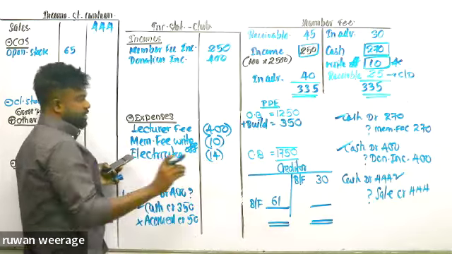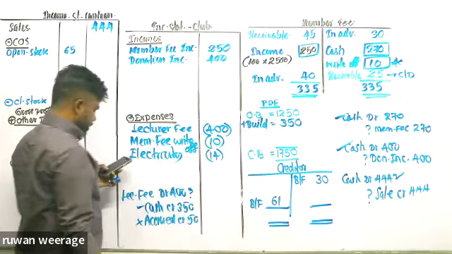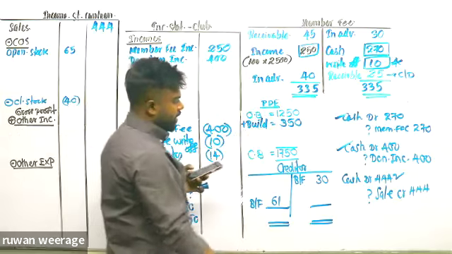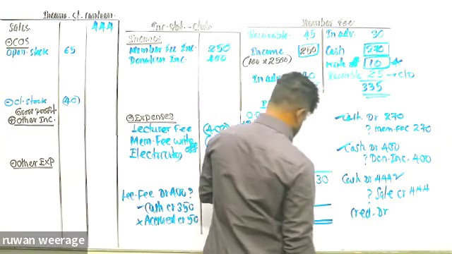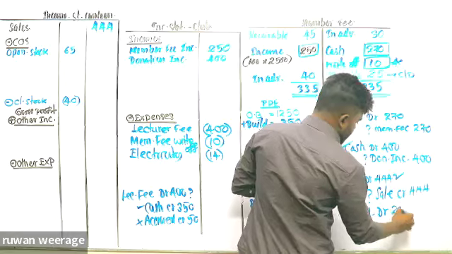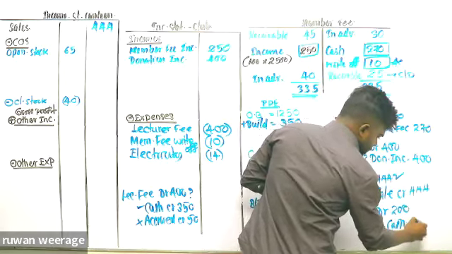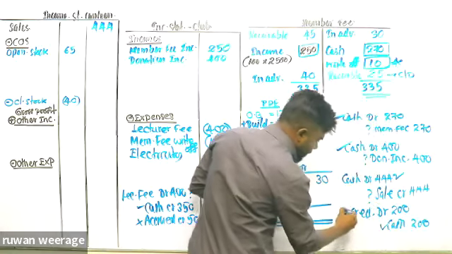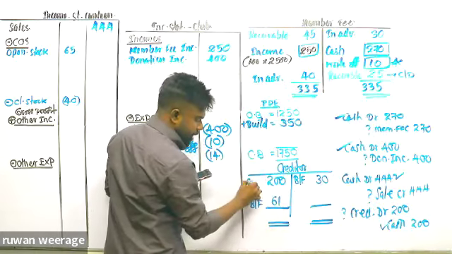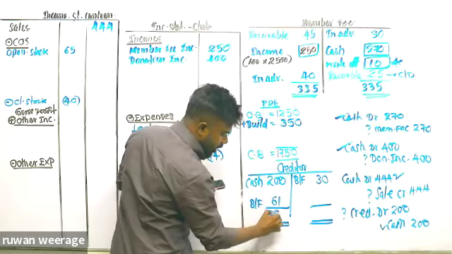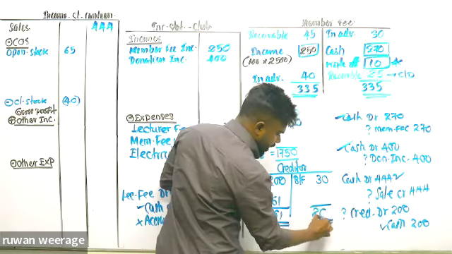Next one, billing, cash credit, billing debited, recorded. Trade creditors. What's the double entry? Cash credit, creditor debit. Cash credit recorded, but the debit entry is debited here. And from this account, what can you identify? You can identify incomplete records.